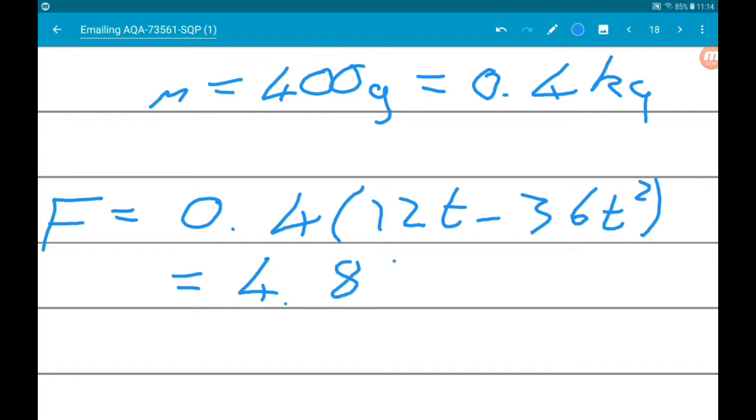So we got 4.8t minus 0.4 times 36 is 14.4. So minus 14.4t squared. Cool.